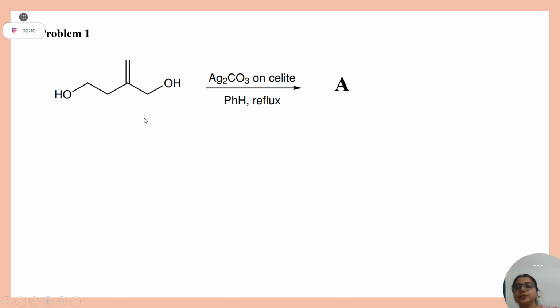In last class I gave you this problem as homework. So what will be the solution, students? Can anyone tell me which one is allylic alcohol among alcohol 1 and 2? Obviously, this one, since this is allylic, right?